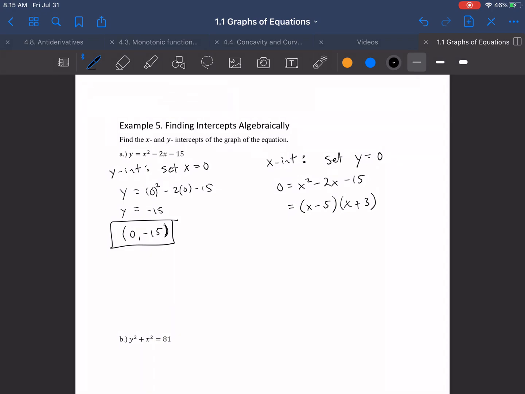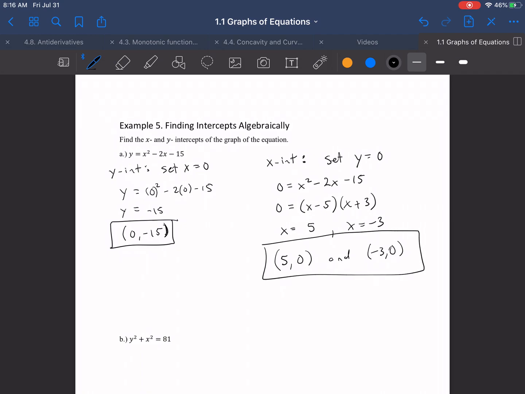So that tells us then that x equals 5 or x equals -3 will solve that for us. So those are our zeros. So we have the point (5, 0), and (-3, 0). And those are our solutions for the x-intercepts.